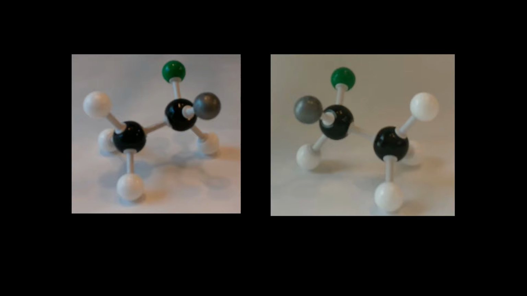However, if you look at the other structure that we've been playing around with, where we have chlorine here and we have bromine, hydrogen, and CH3, and we make its mirror image, so chlorine, bromine, hydrogen, CH3, these two are actually different.